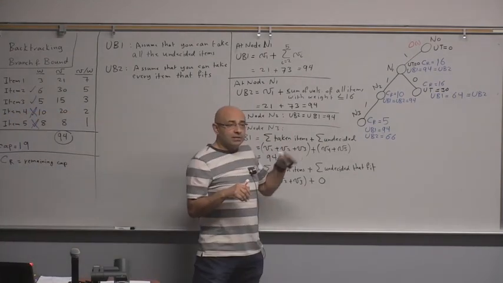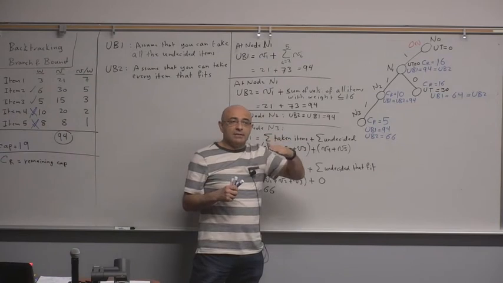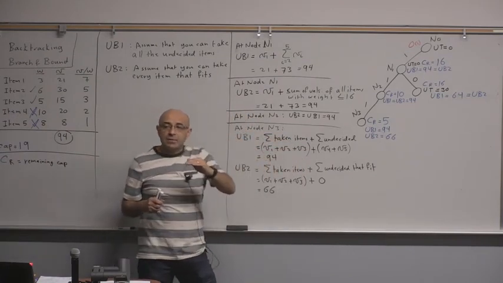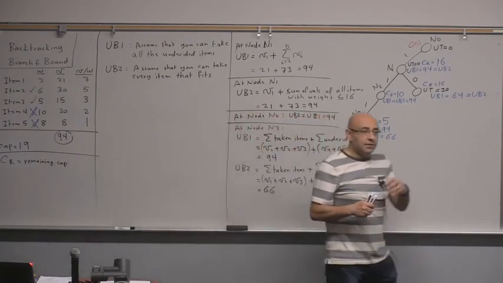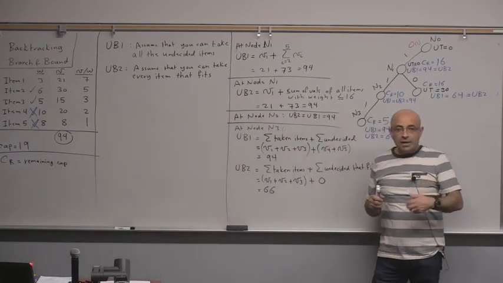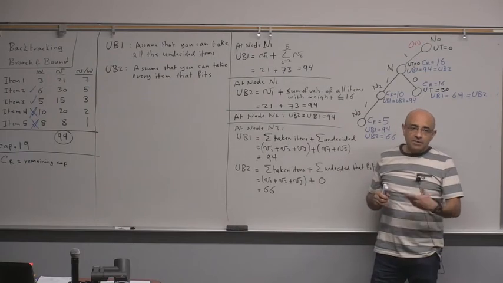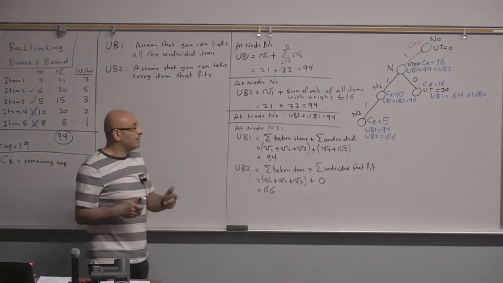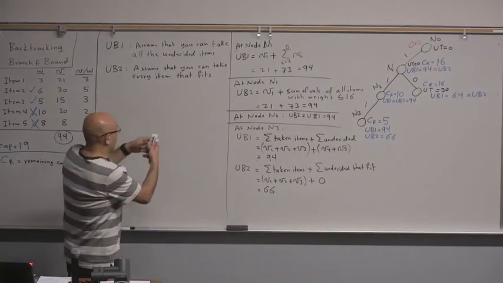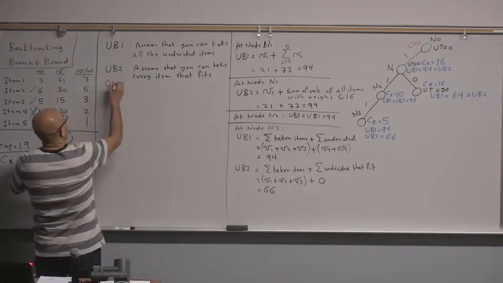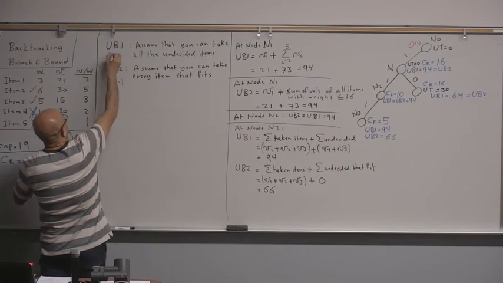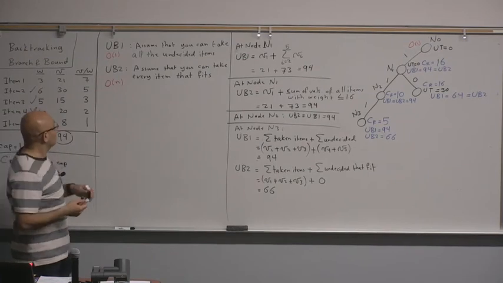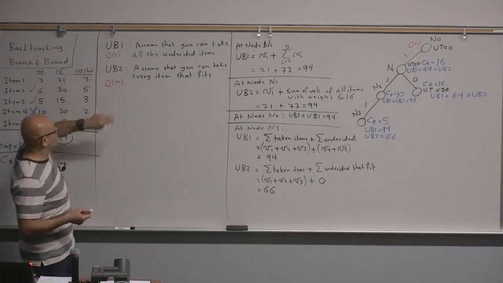Upper bound 2 requires going through the undecided items and checking each one of them one at a time and deciding whether it fits or it doesn't fit. If it fits, you add it to the sum. If it doesn't fit, you skip it, and so forth. So you have to go through the remaining items. So upper bound 2 is going to be O of n. Upper bound 1 is O of 1.